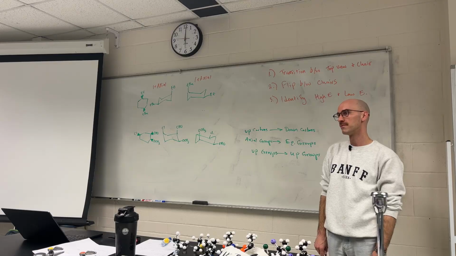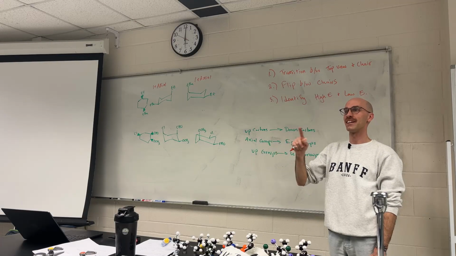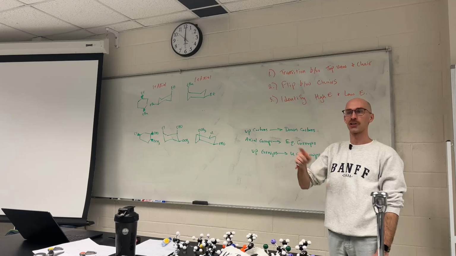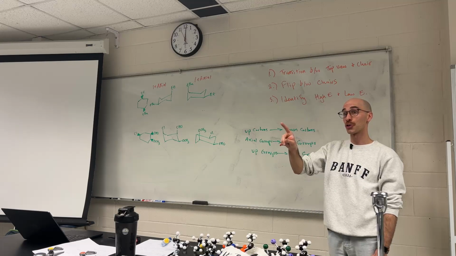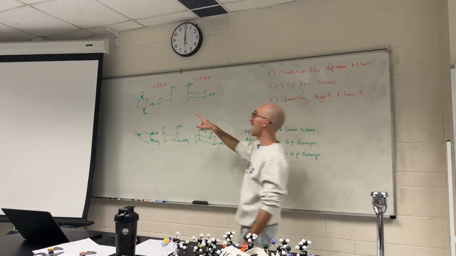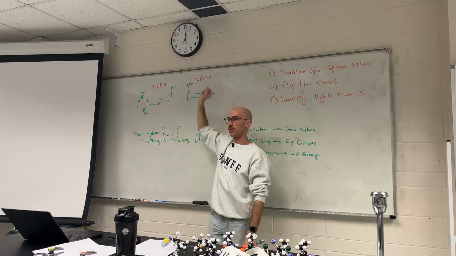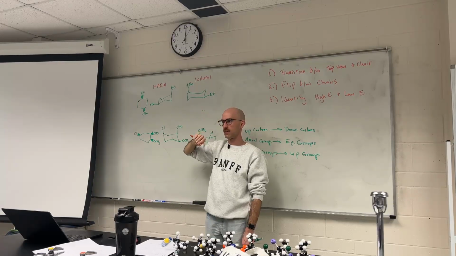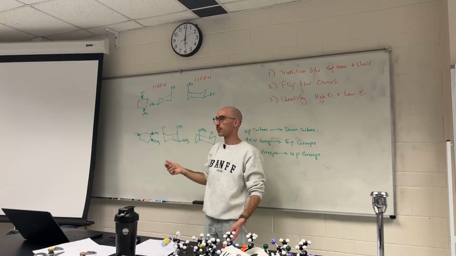So they're equal? No. Now we can look at which group is larger in the axial position, because larger group, larger strain. So does ethyl create more strain being axial, or does tert butyl? Why? More atoms. It's a bigger group.